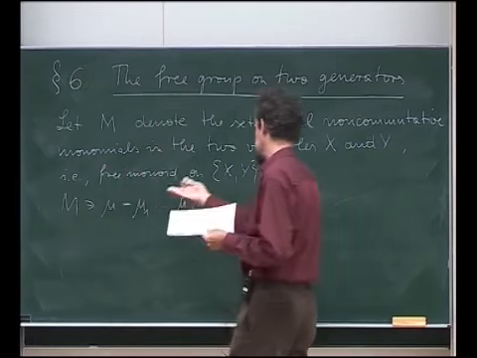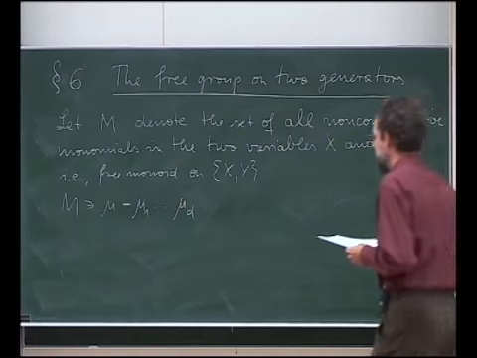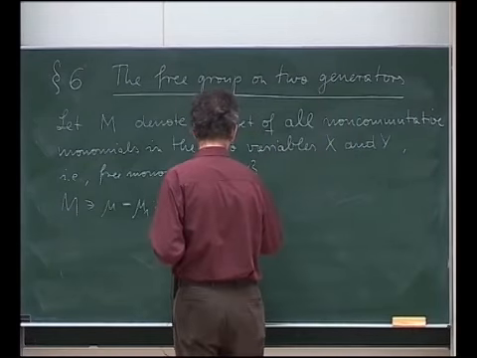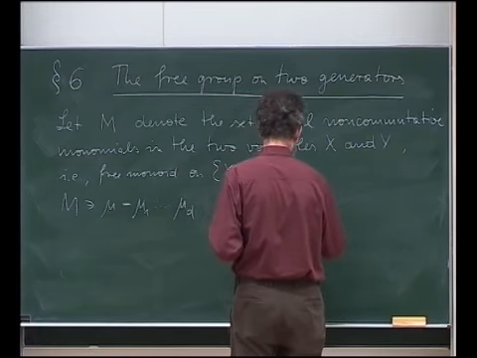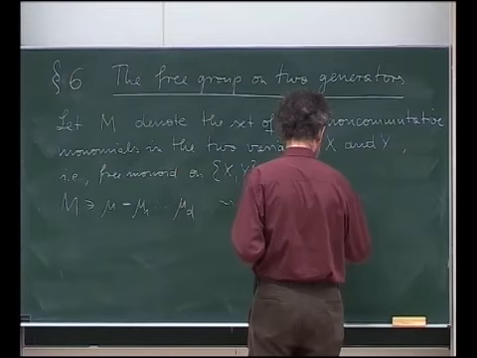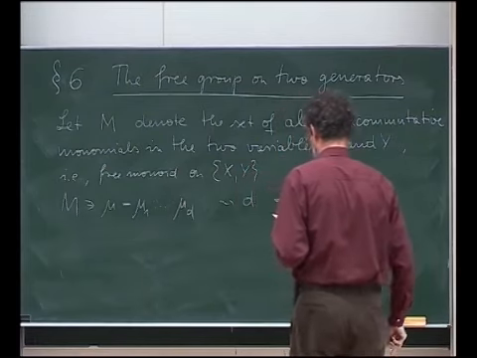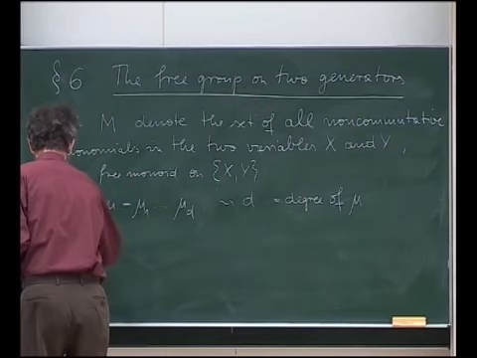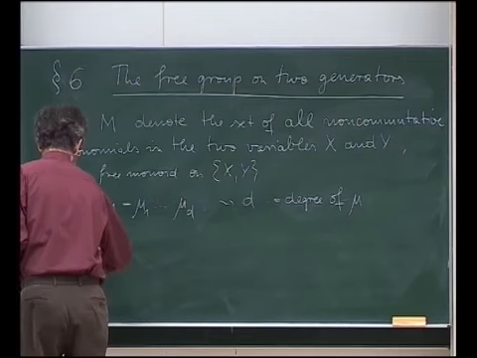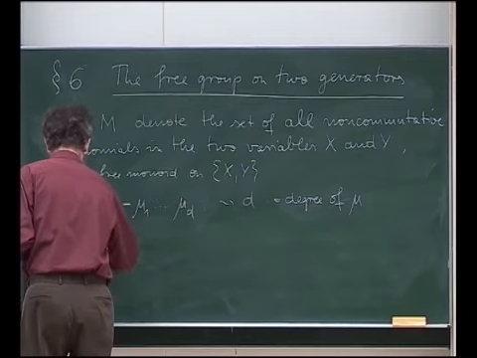Now the usual notations. If I have such a monomial, say mu is the product of mu 1 up to mu d, where each factor is either x or y, then d is the degree of mu.